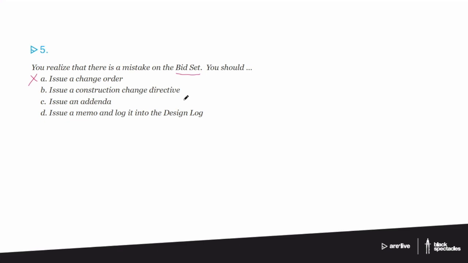Instead of issuing a change order, you would issue a construction change directive. A construction change directive is essentially a change order that doesn't get signed. You say, look, I understand we don't agree on the price. We are going to bump the issue down the road, and start a process, depending on what contract type you have, either with mediation, arbitration, or going straight into litigation to challenge this number.